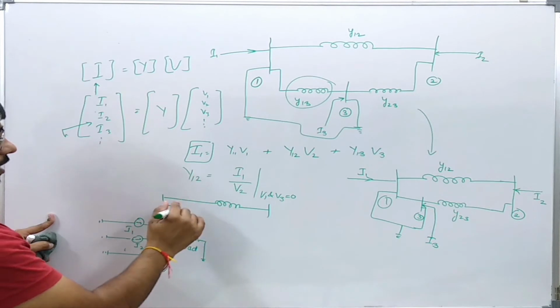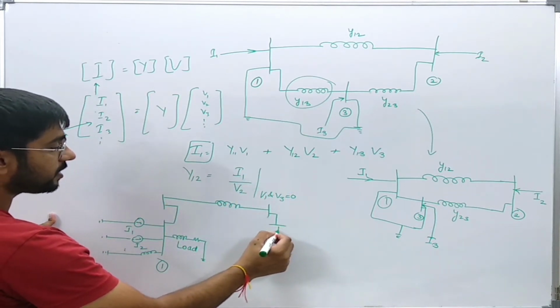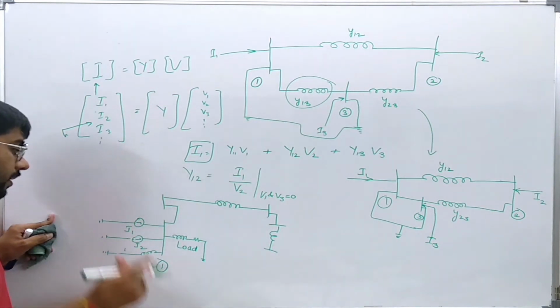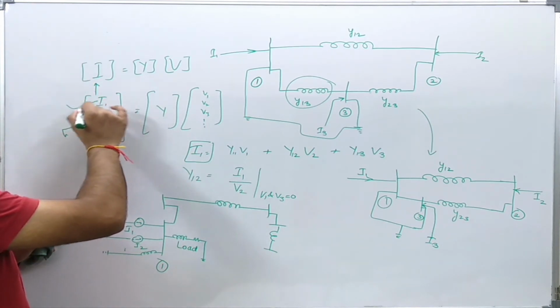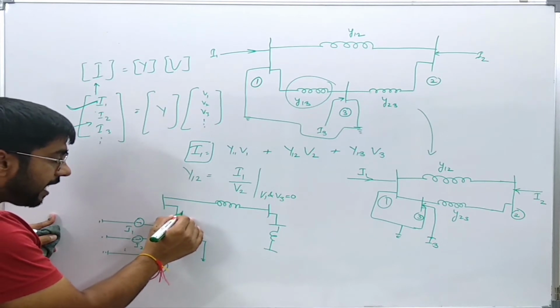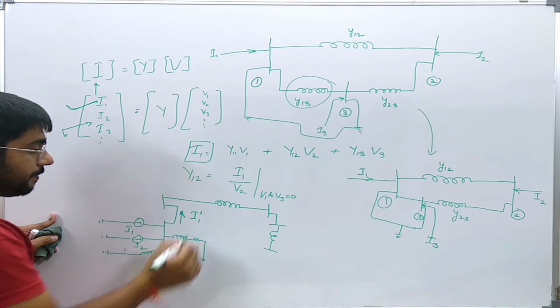Let us say now here is some transmission network with various buses. Okay, so here the current which will come into this current vector will be the only current which is entering this power system. Let us say it is I1 prime.